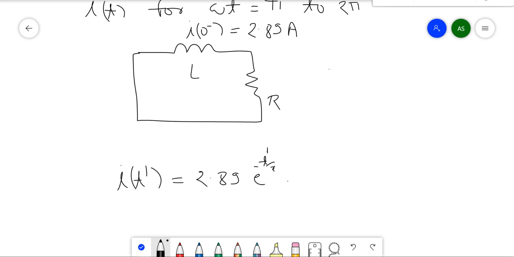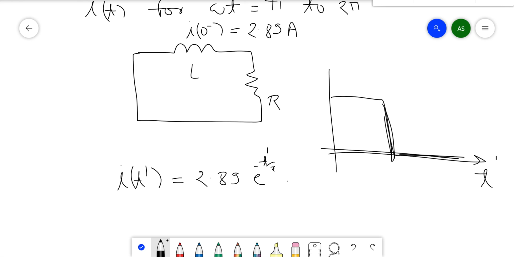Okay, so what is this t dash? T dash is the value of time. For the t dash axis, this is the 0 value here.